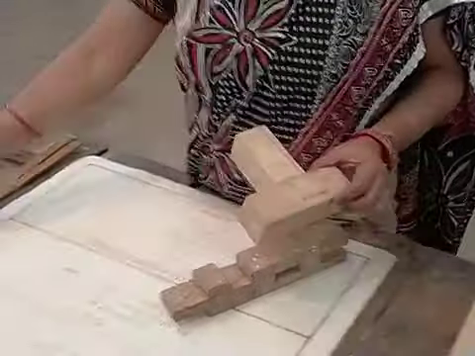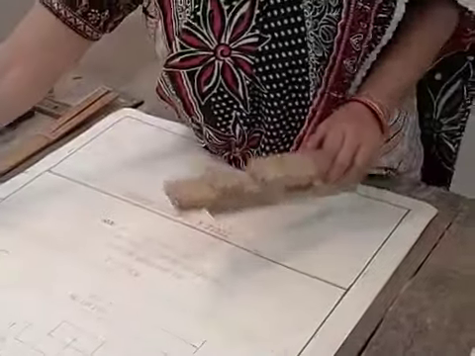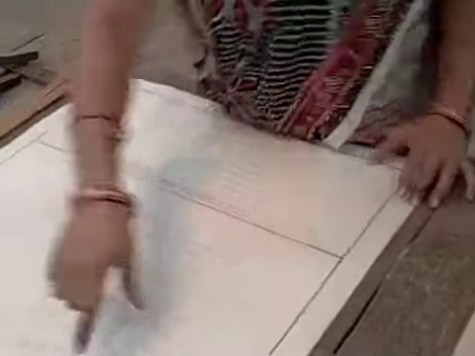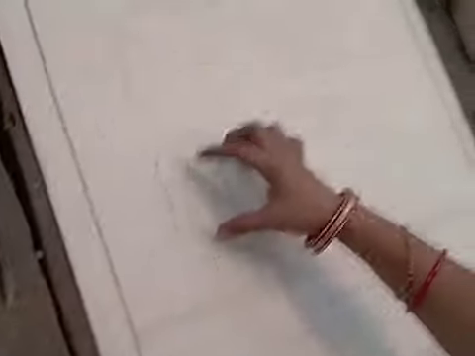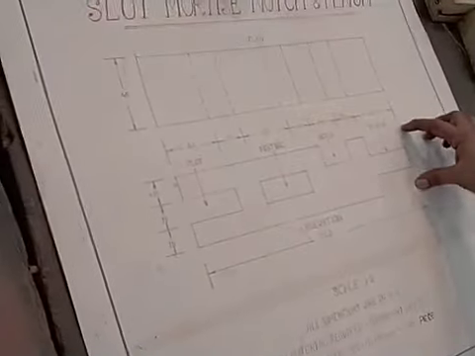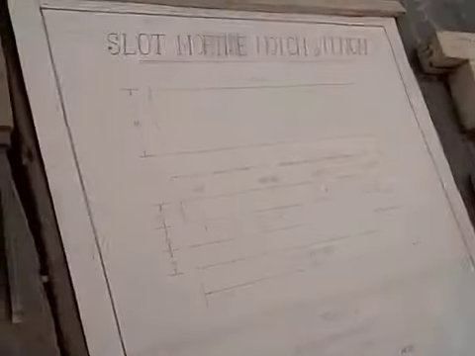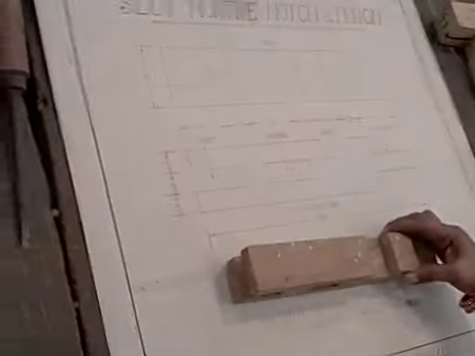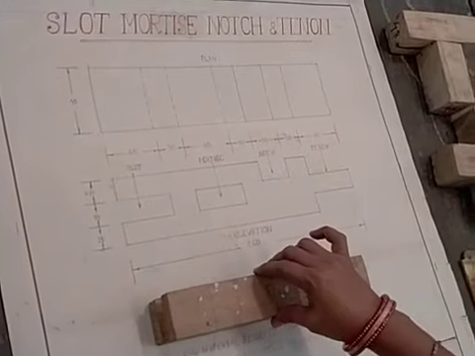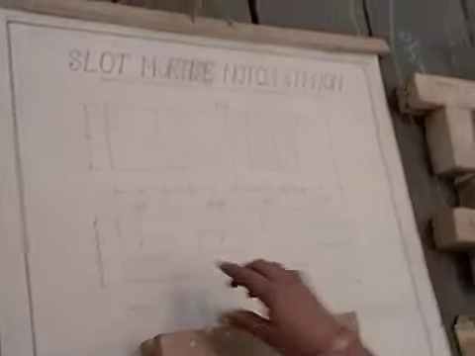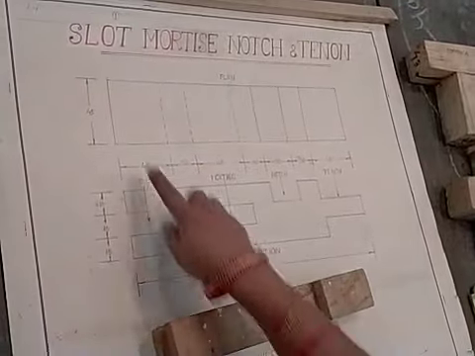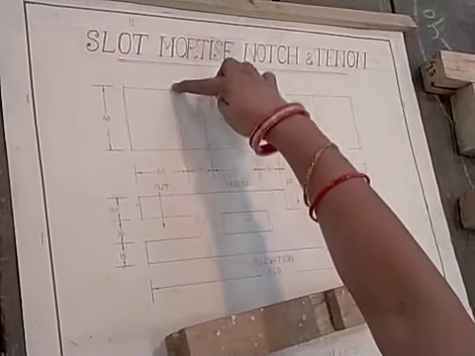So now I will explain you in 2D figure. You can see this is the plan and this is the elevation. Elevation is the front view, plan is the top view. You see the figure, from where you can know this is the plan. This is that portion, this is the slot.